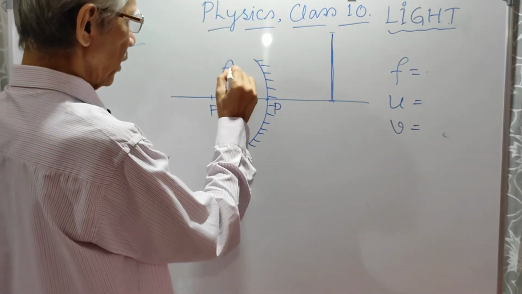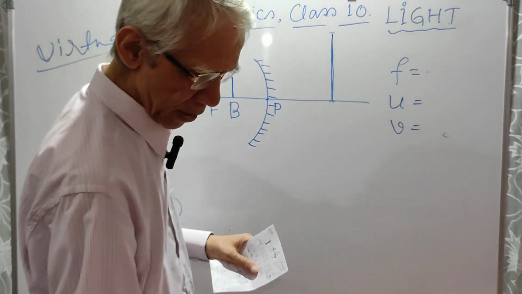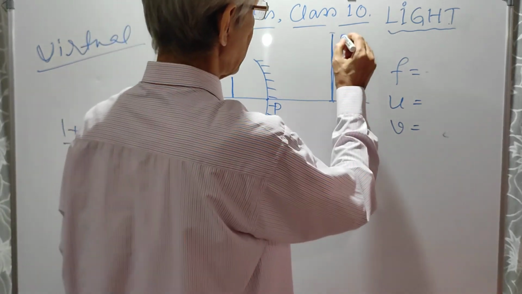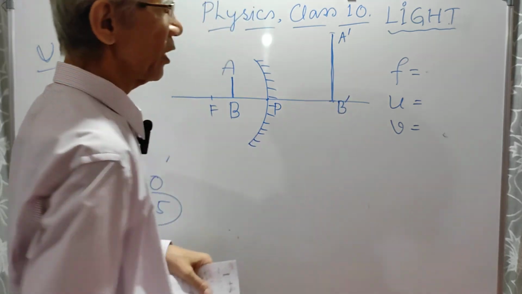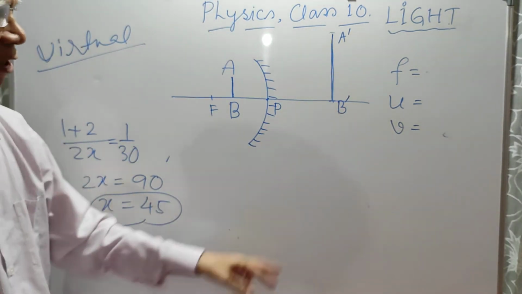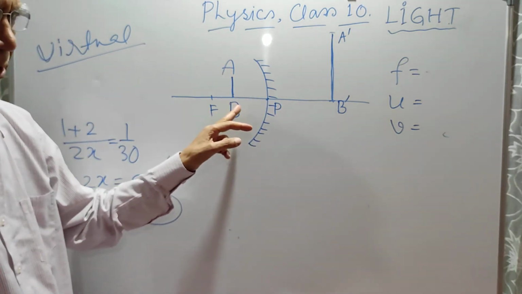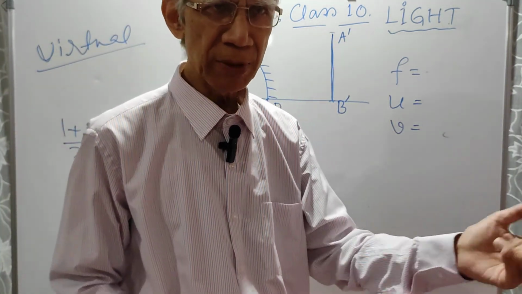So suppose AB is the object and A dash B dash is the image. AB is the object. A dash B dash is the image. Now this image is twice the object. Therefore, image distance will be twice the object distance.